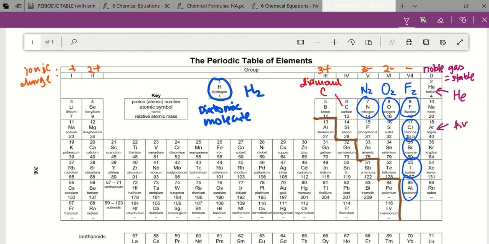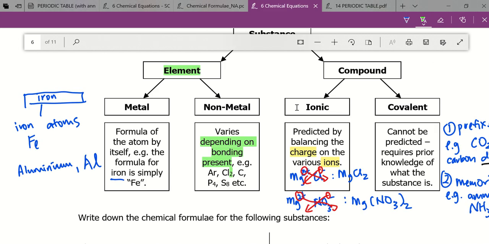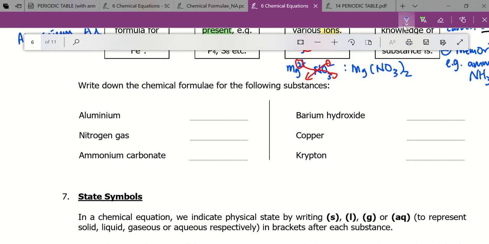Okay, so let's go back to our page in the theory book just now. Let us fill in this portion. Aluminium is a metal. So for metal, it is the symbol itself, so it is Al.